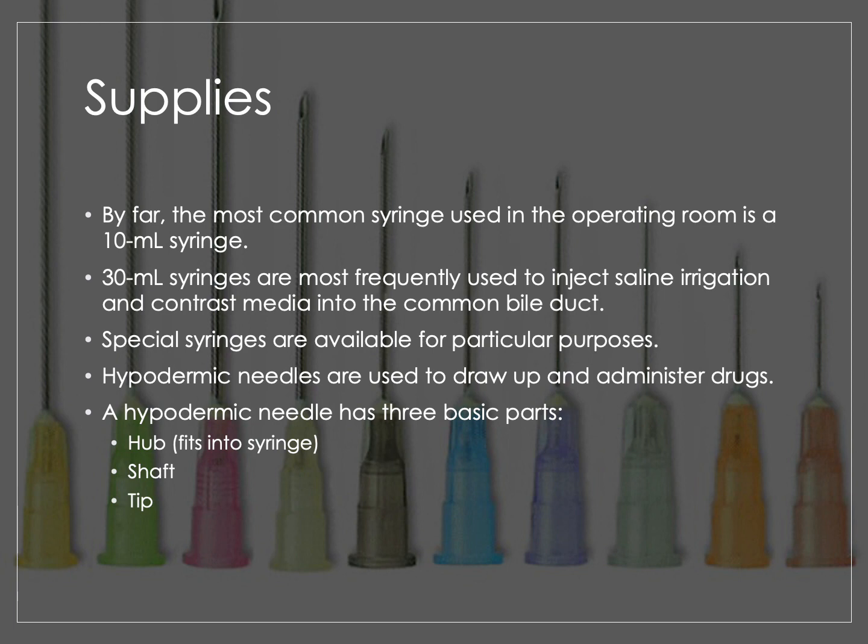But most commonly in surgery, we use the Luer lock one, which you have to actually screw the hypodermic needle into the syringe and it kind of locks in there.